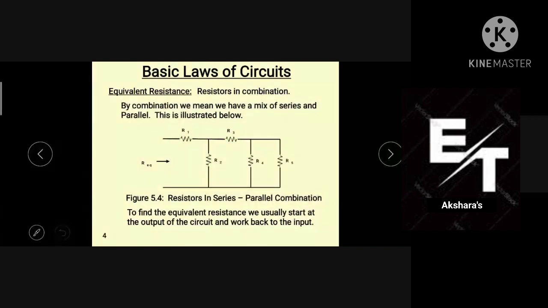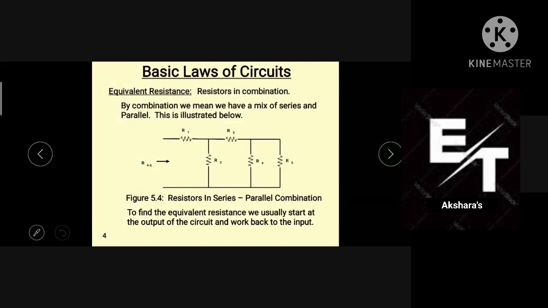These types of circuits are given in your examination. Now, what is the question? To find the equivalent resistance by using the given values. Actually the values are not mentioned here, but in your examination the examiner will give some values. For example, R1 equal to 3 ohms, R2 equal to 1 ohm, R3 some value, R4 some value, R5 some value. These types of values can be given in your examination.